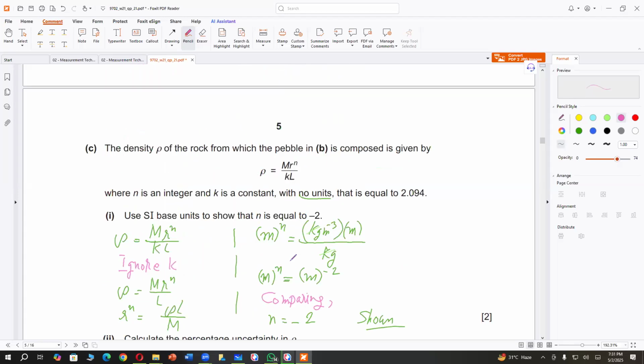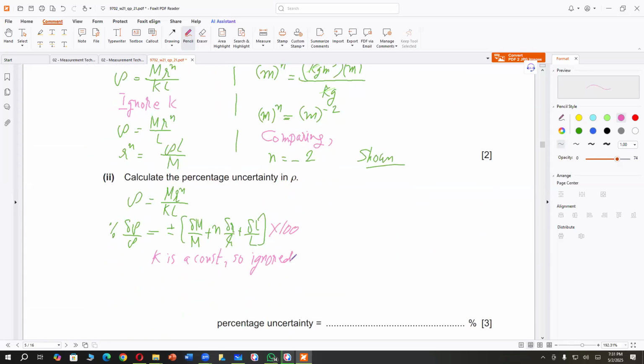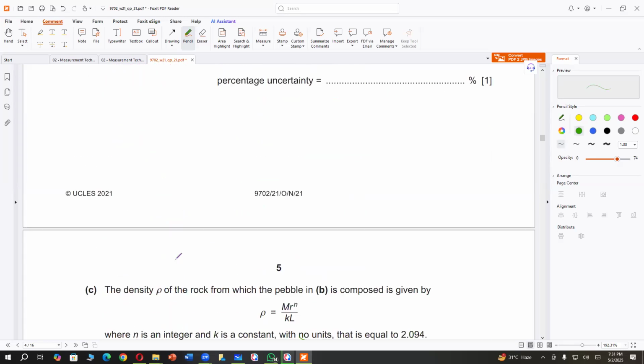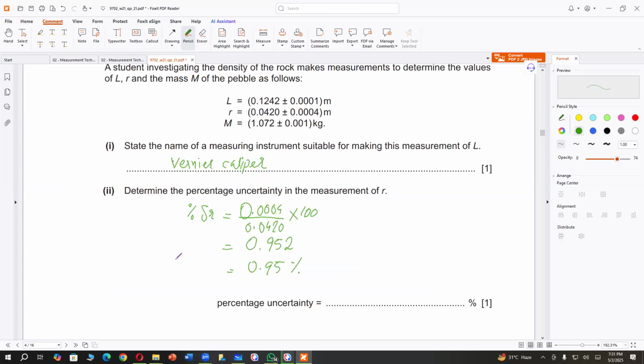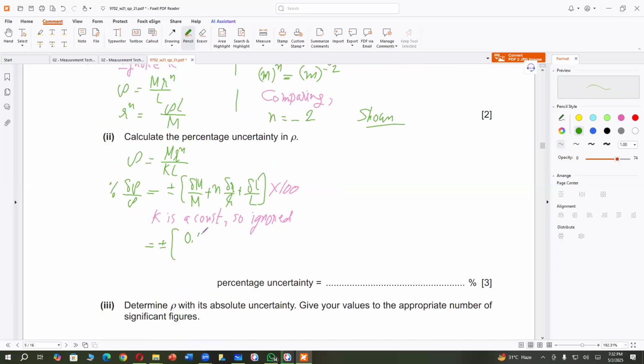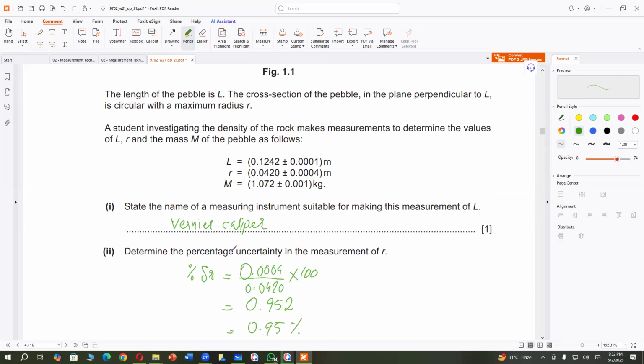Now, can you tell me the values here? You can help me out. If you can open this side and you can tell me the values. Δm upon m is 0.0001 upon 0.1242 plus 0.0004.